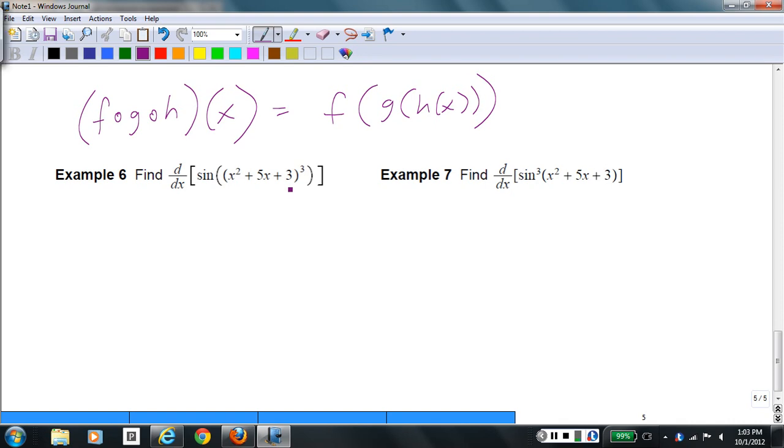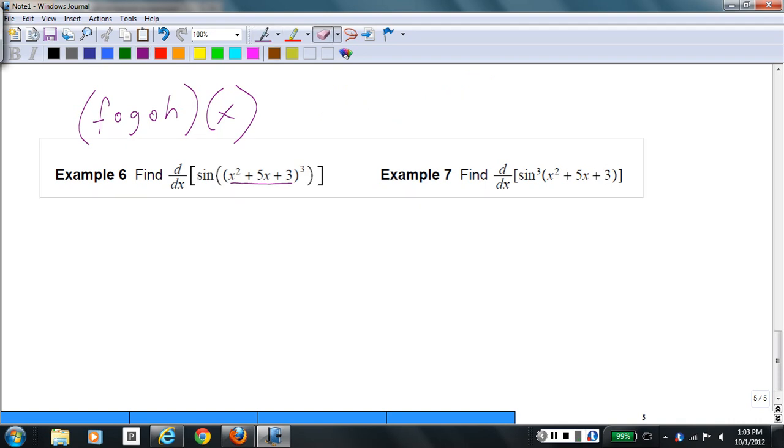So let's see, if I'm going to evaluate this, if I'm working from the inside out, the first thing I would do is evaluate this polynomial, x squared plus 5x plus 3. That's the innermost function, x squared plus 5x plus 3. So that's, I guess, the h of x. h of x equals x squared plus 5x plus 3.